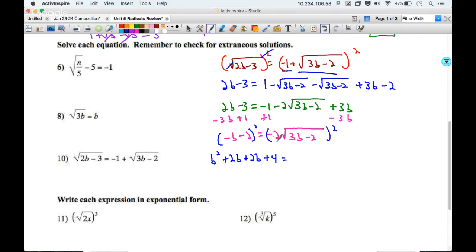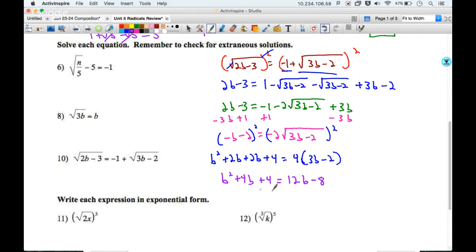This side over here, distribute that square. This will become a 4 times 3b minus 2. And at least now all our radicals are gone, and we can just go to work on the quadratic. B squared plus 4b plus 4 equals, distribute that 4, 12b minus 8.